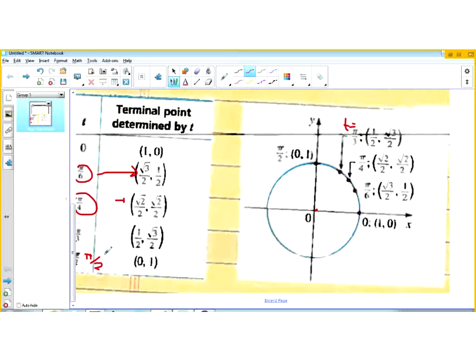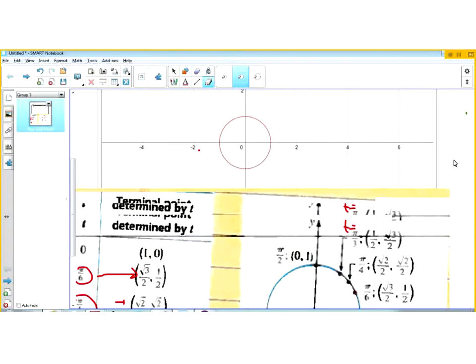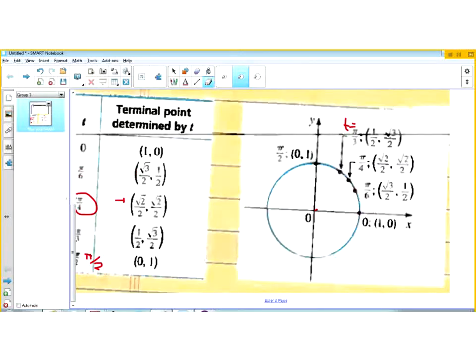Now, we can extend this table and ask the question, what is the terminal point for, say, something like... let me erase this.